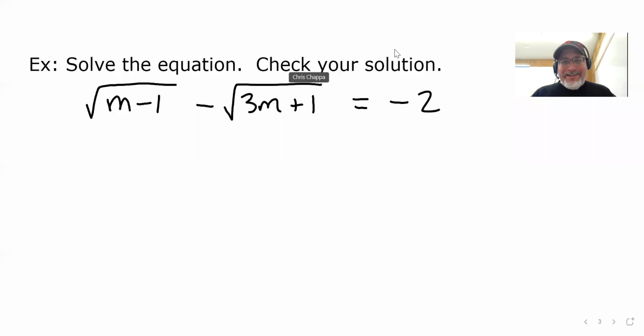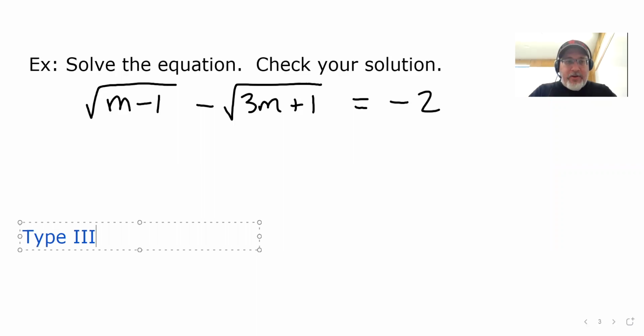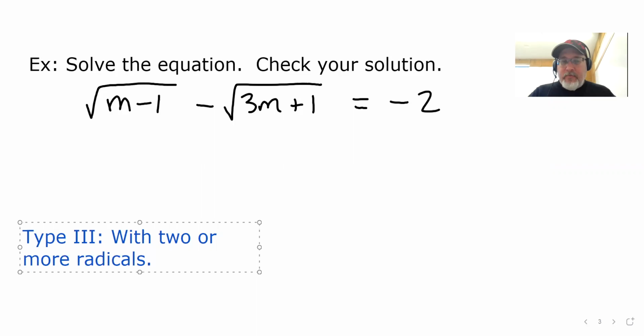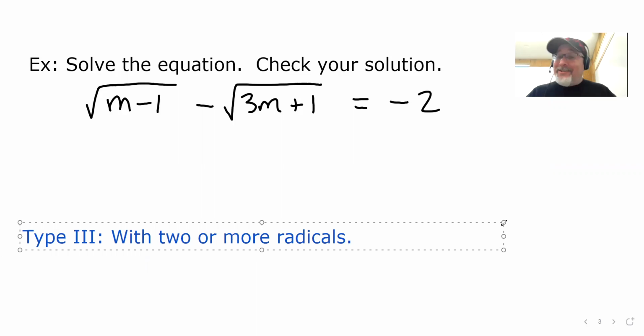So when I say type 3, a type 3 radical equation is one with 2 or more radicals, in this case square roots. Now we're not going to see the or more, it's a thing. But we will see equations with 2 square roots inside of them.